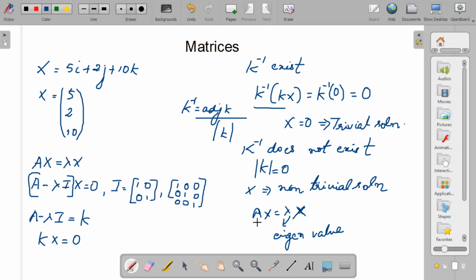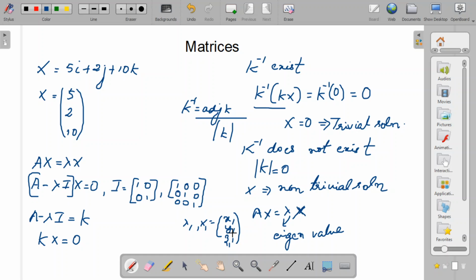Now for different eigenvalues lambda of the matrix, x can have different solutions. For a particular value, say lambda 1, I will have a vector, say x1, which has the solution x1, y1, z1.